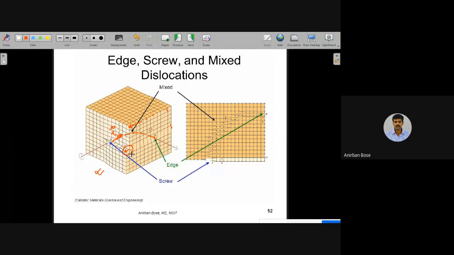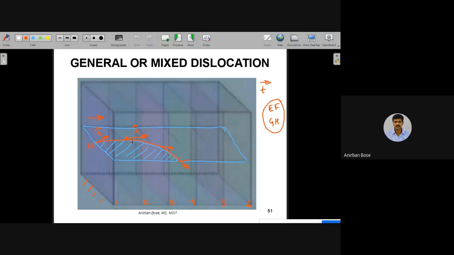Around this point you draw the circuit, around this point you draw the circuit, and in both cases you are going to get the same Burgers vector, same direction, same magnitude. That means that even if the situation is a curved one, the Burgers vector everywhere is going to be the same, and that Burgers vector in this particular example is going to be this one.